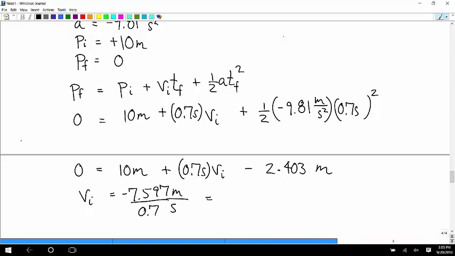So can you divide that for me? Negative 10.85 meters per second. Does it make sense that it came out negative? Yeah, because it's launched in what was our negative direction.